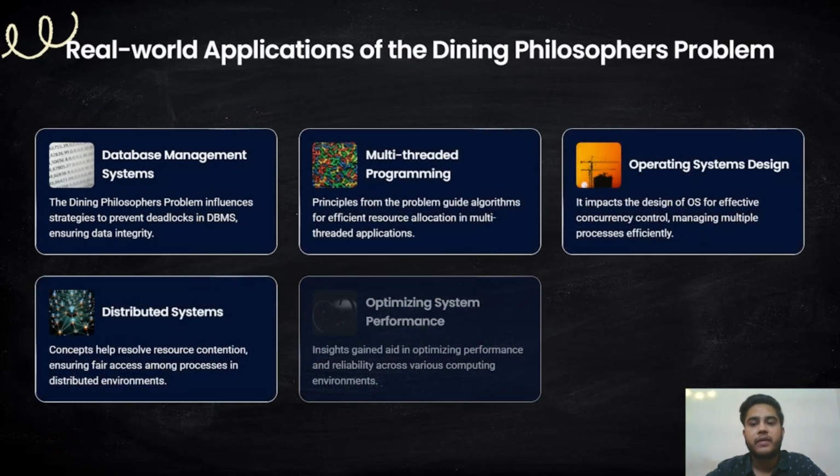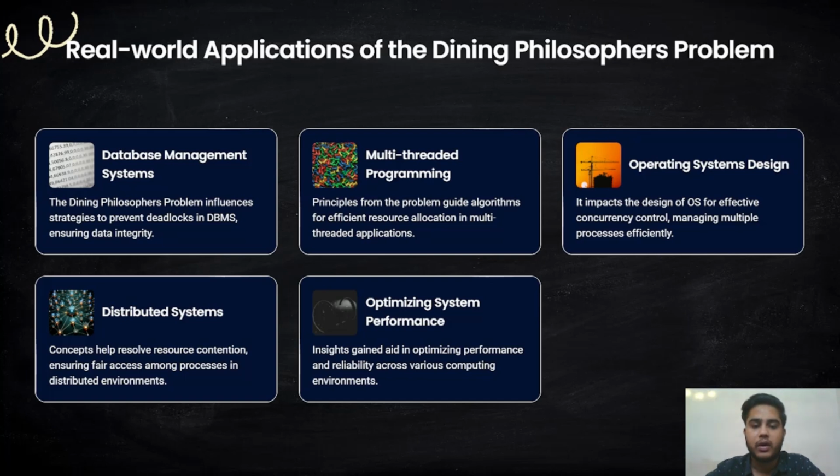Real-world applications of the Dining Philosophers Problem are given here. Database management systems: the Dining Philosophers Problem influences strategies to prevent deadlocks in DBMS, ensuring data integrity. In distributed systems, concepts help resolve resource contention, ensuring fair access among processes in distributed environments.